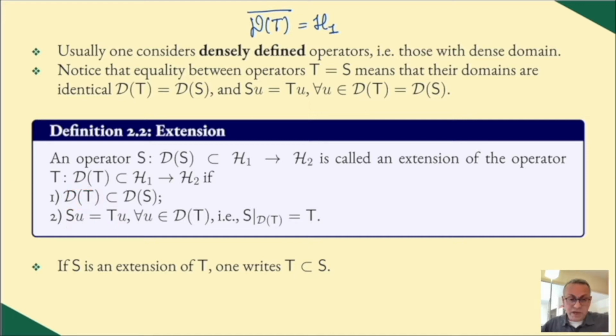Another way to say it is that the restriction of S to D(T) is equal to T. There is a useful notation for extension: this one means that S is an extension of T. It's very intuitive because it refers to the inclusion of the domains.